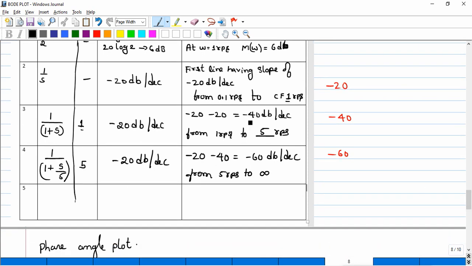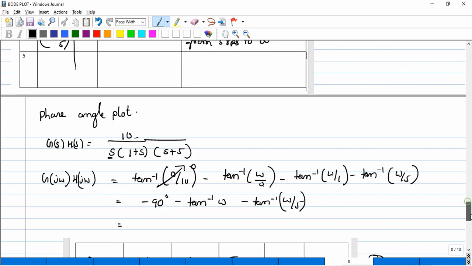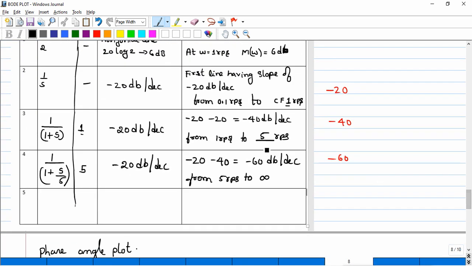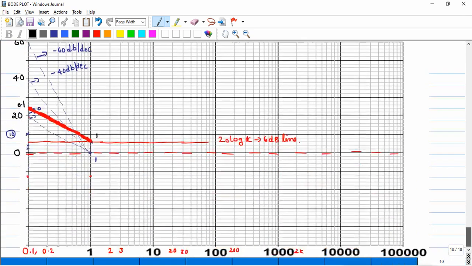That is the factor 1 by 1 plus s, which will contribute minus 20, and the combined is minus 40. So it is starting from 1 RPS. Where we left at 1 RPS, we need to continue till 5 RPS. And if you check, where is the 5 RPS? 1, 2, 3, 4, 5.